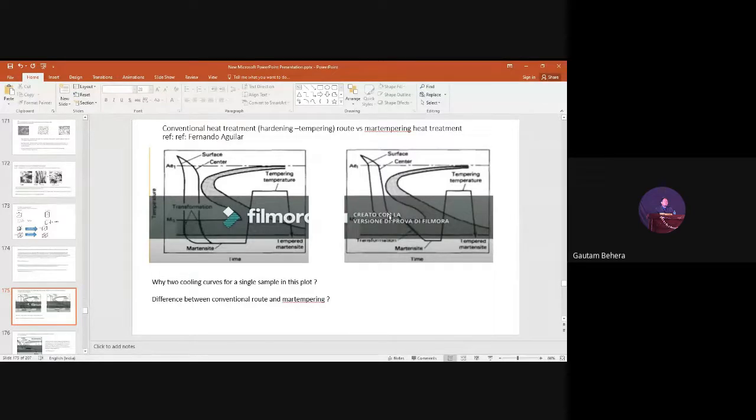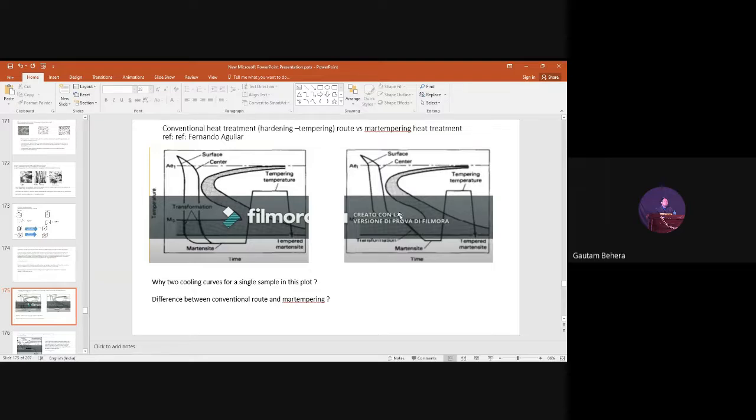We have to hold the steel here, for some particular interval of time. So that the entire steel will be at a single temperature now, the surface and the center.